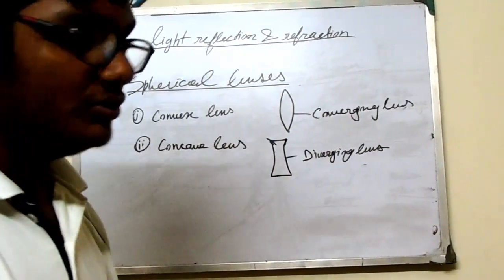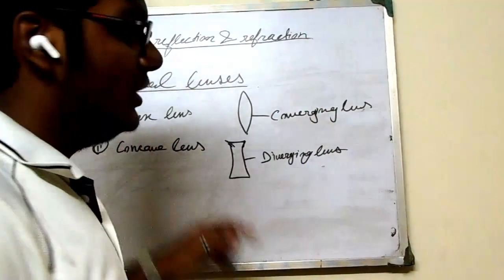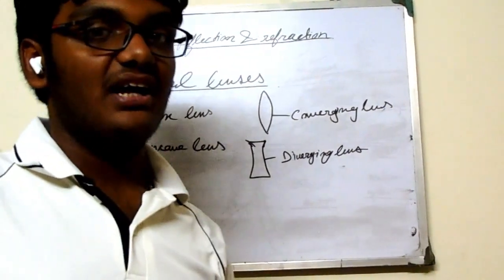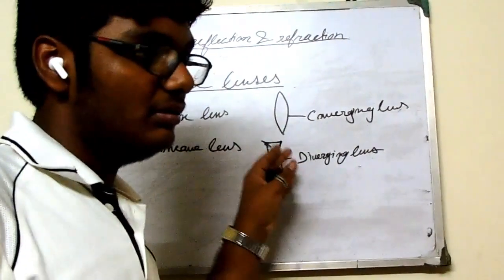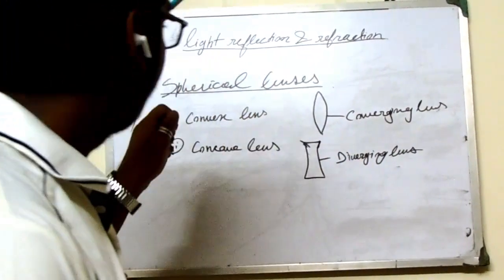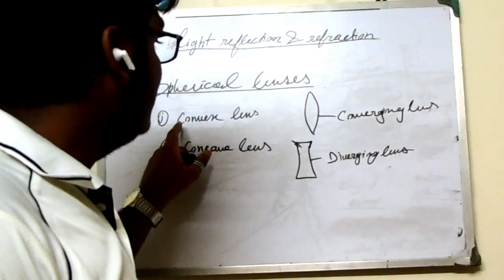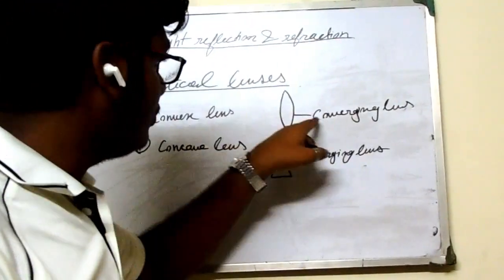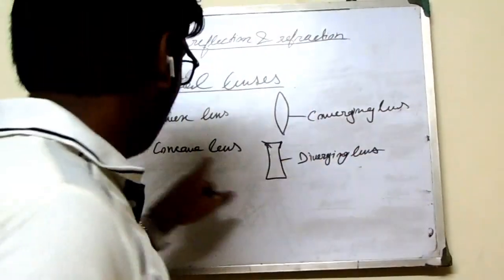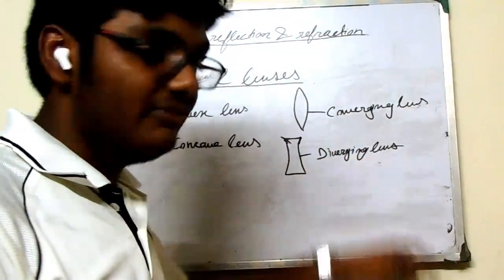One more thing to say: don't get confused between lens and mirror. The sign convention for the mirror and lens is the same. In the case of lens, convex lens is known as converging lens and concave lens is known as diverging lens.